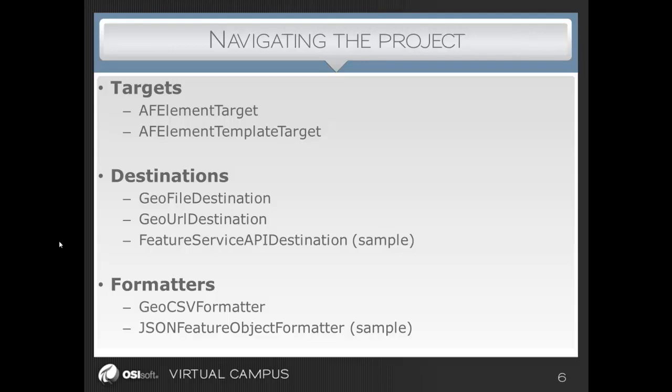You can also configure multiple destinations. So in the sample, we already saw the file destination and the URL destination. There's also research being done on using the feature service REST specification or the JSON specification. There's a sample for that included as well.